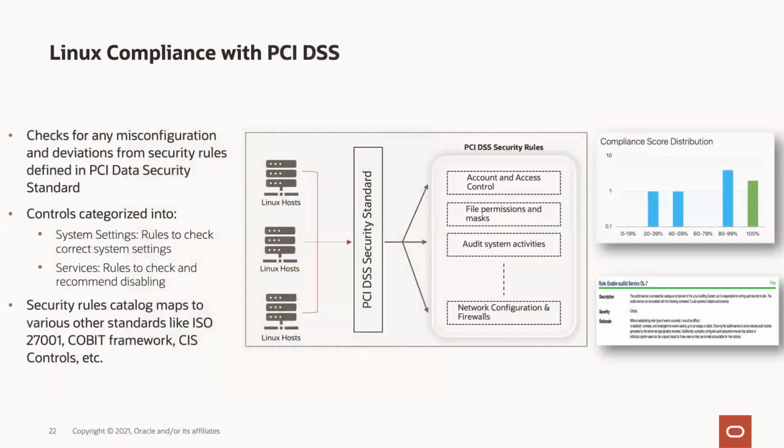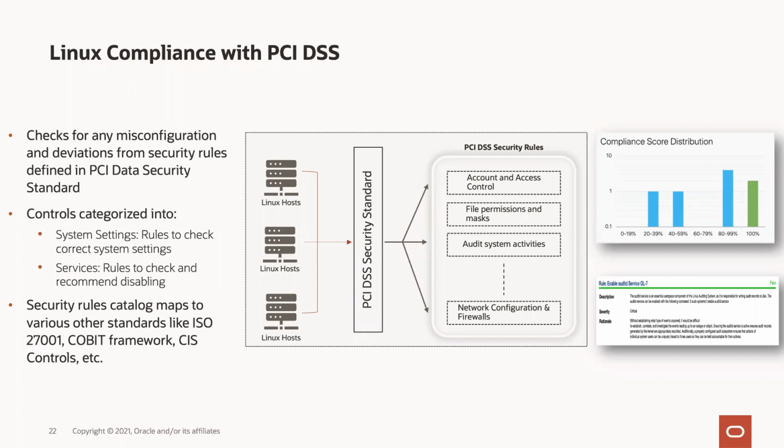Finally, the PCI-DSS standard for Linux. PCI-DSS provides a baseline of technical and operational requirements designed to protect account data. If you're familiar with PCI-DSS, you will know that there are 12 PCI-DSS requirements that are grouped into 6 goals.